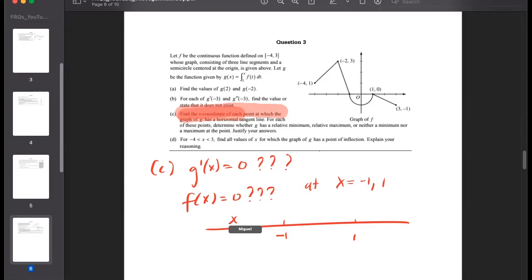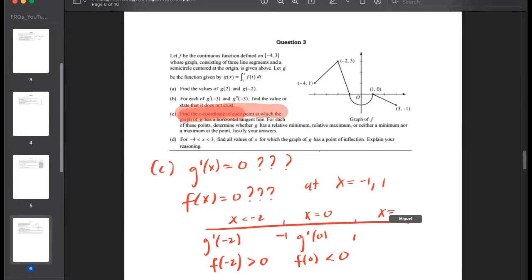So let's say I plugged in x equals -2. What I'm looking for is G prime of -2, aka f of -2, and that's positive. So now we know that the function G is increasing. If I pick a point in between, x equals 0, I'm looking for G prime of 0, aka f of 0, and that's negative.